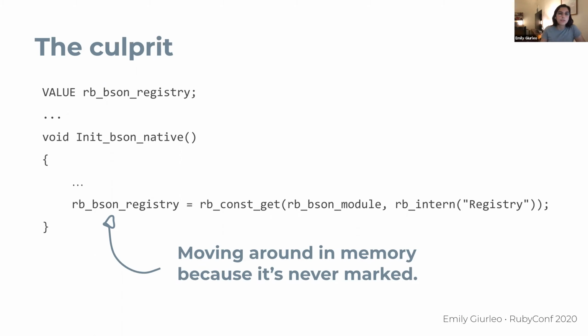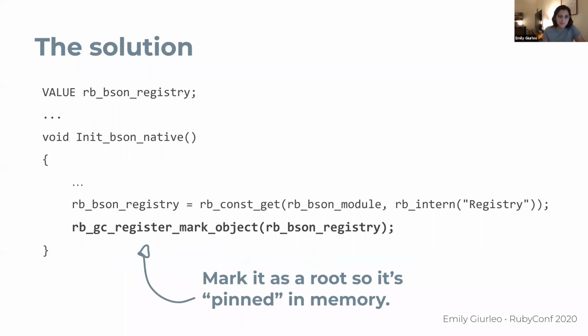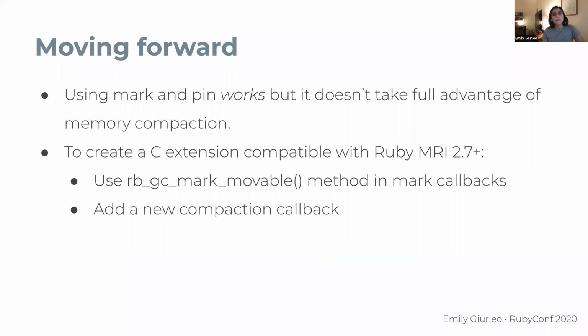But as soon as you introduced compaction, this object was not being pinned in memory and was being moved around and causing all sorts of segfaults if you called GC.compact. So all I had to do was mark that object in the initializer so that it would be pinned in memory, and the segfaults immediately stopped, and I had finally solved this bug.